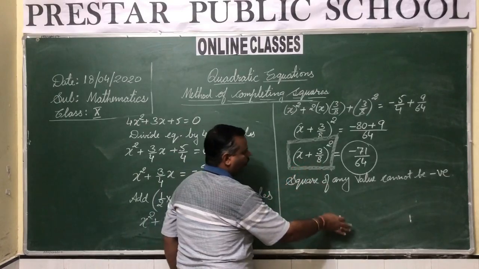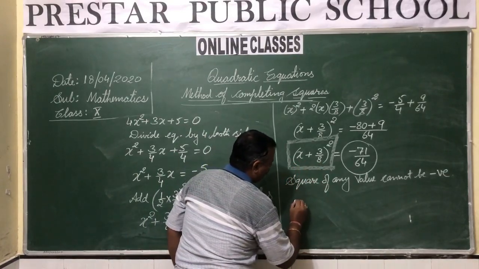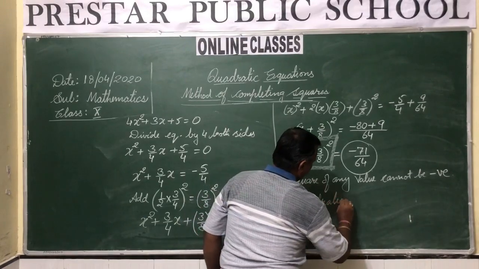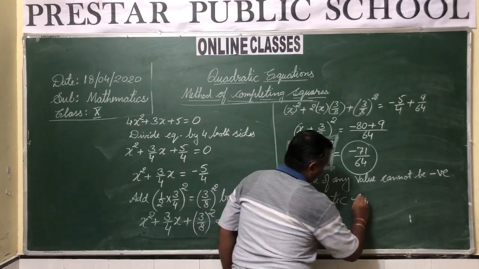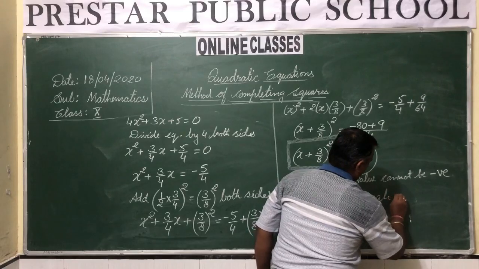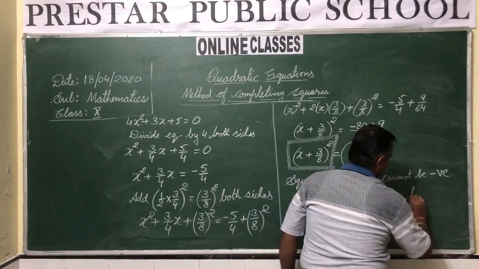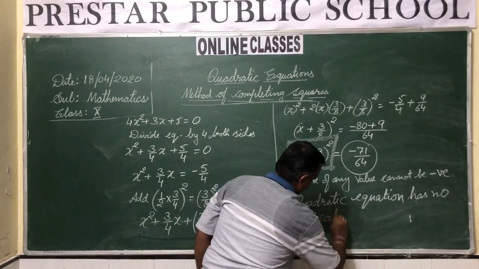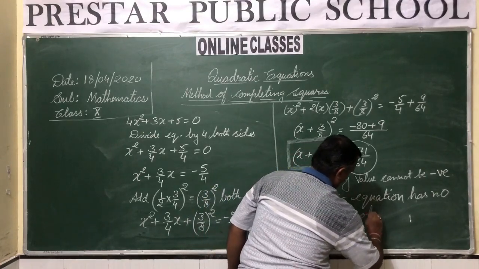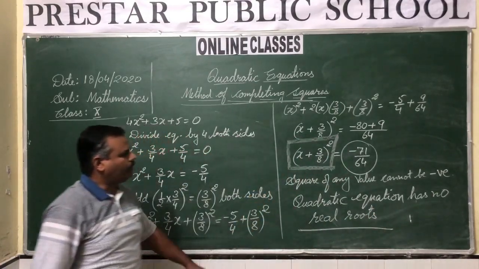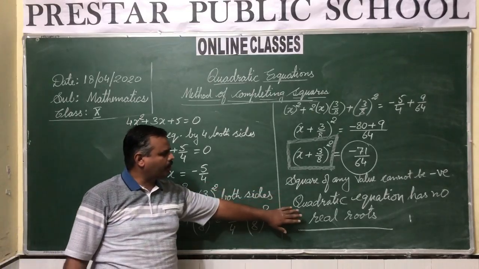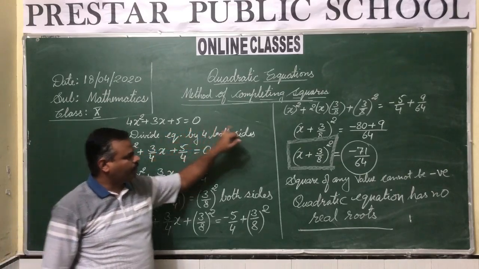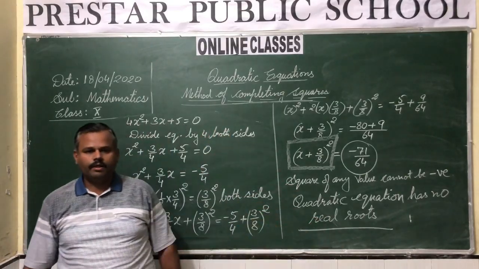So we cannot solve it further and we say that the given quadratic equation has no real roots. So here we cannot solve it further, we will just simply say that the quadratic equation, that is 4x squared plus 3x plus 5 equals 0, does not have any real roots.